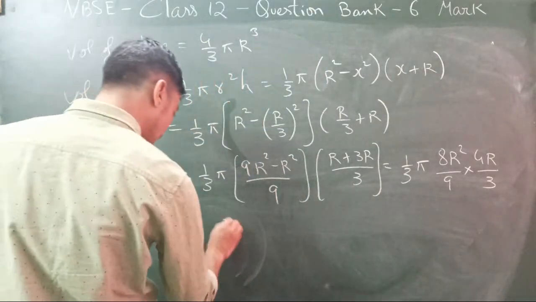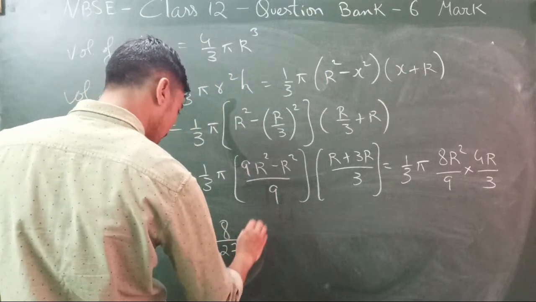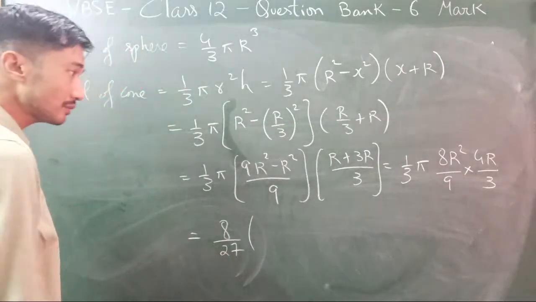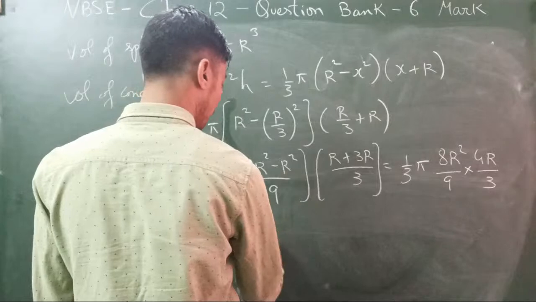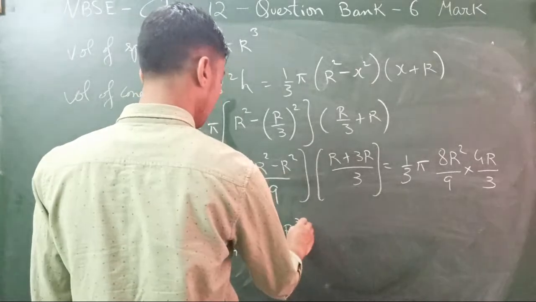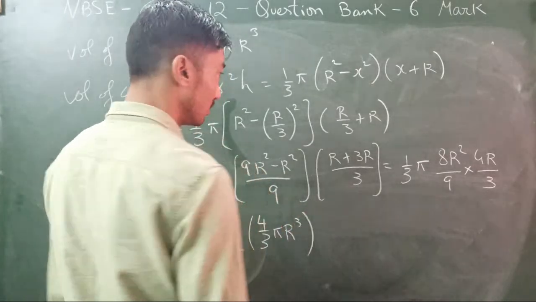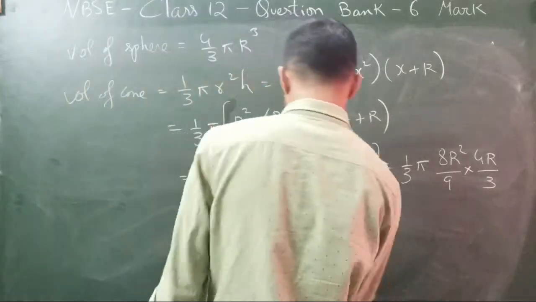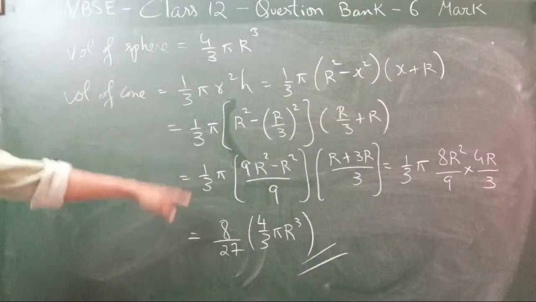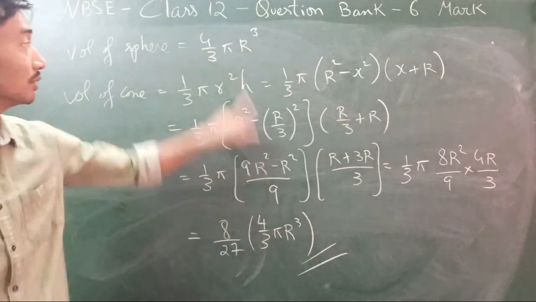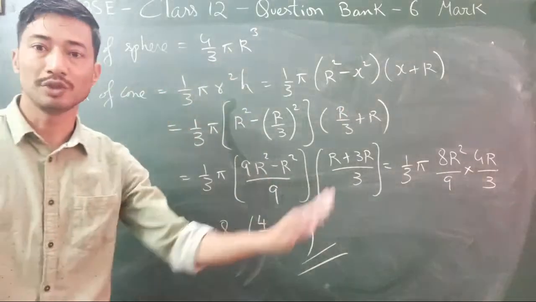So if we leave 8 by 27, what shall we have? 1 by 3 pi r cube, 4 by 3 pi r cube. So that's the proof. That means volume of cone is equal to 8 by 27 of the volume of the sphere.